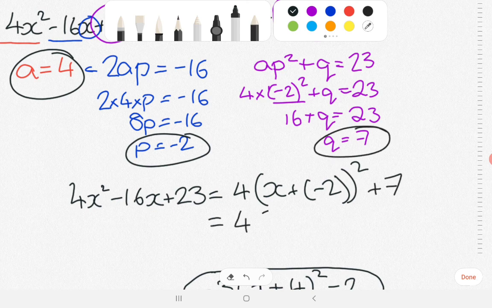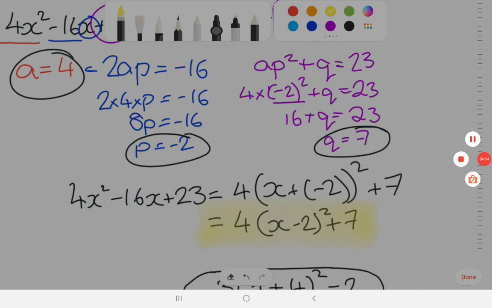And again, tidy up that plus and minus to give you 4 times x minus 2 all squared plus 7. And if you're ever not sure that you've done any of these right, folks, you can take this and multiply it back out to check that you get back to where you started. If there's anything you're not sure about, just let me know.